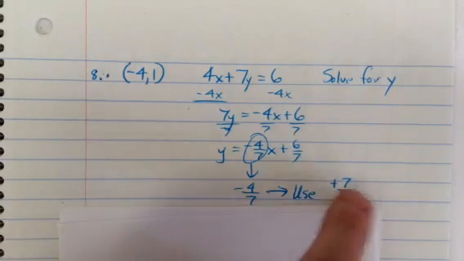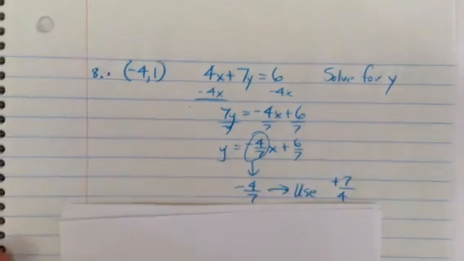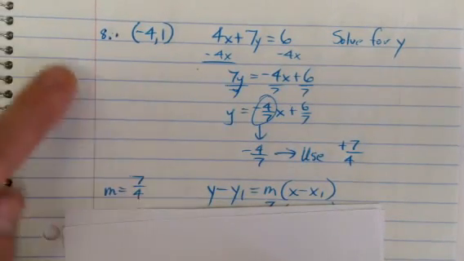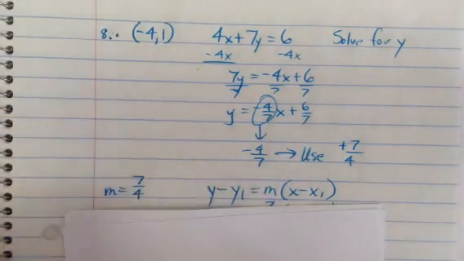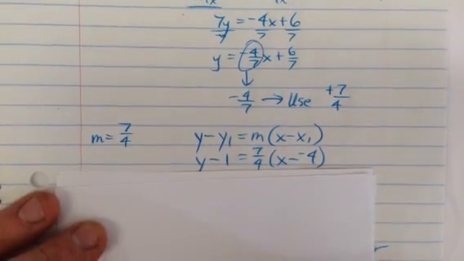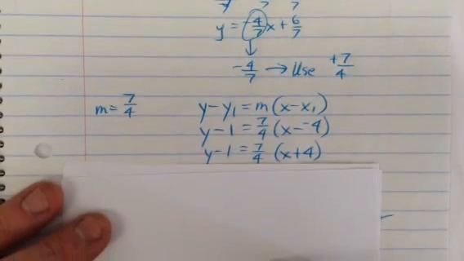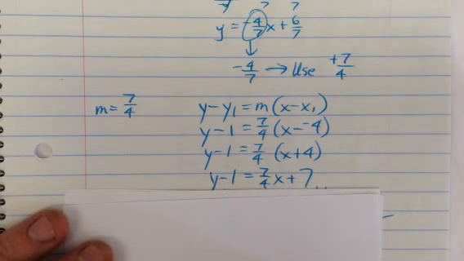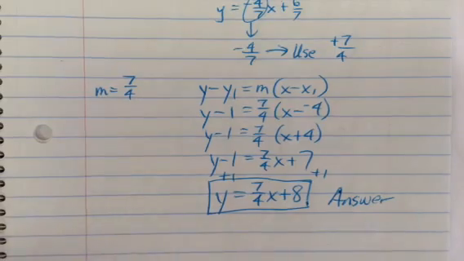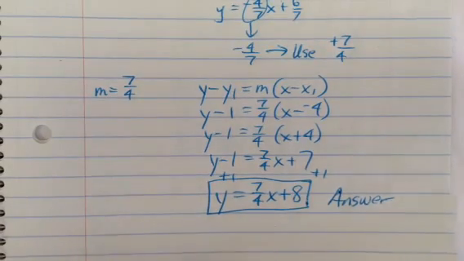Negative 4/7 becomes a positive 7/4. So use that slope, 7/4, and that point in your point slope form. Clean up your double signs, distribute, add 1 to both sides. There's your answer, y equals 7/4 x plus 8.